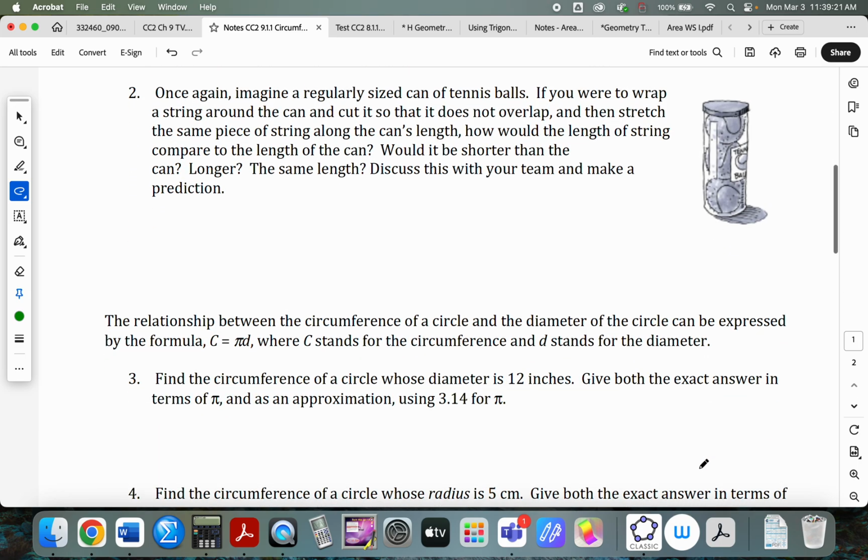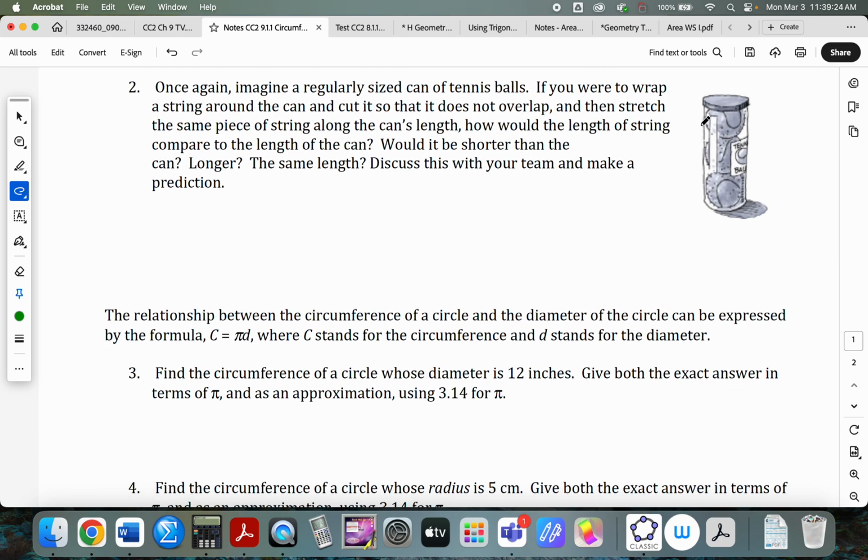So we talked about this last time. If you wrap the string around the can and then check that against a height, would the string be shorter or longer than the can? It's going to be longer. My question is, why?